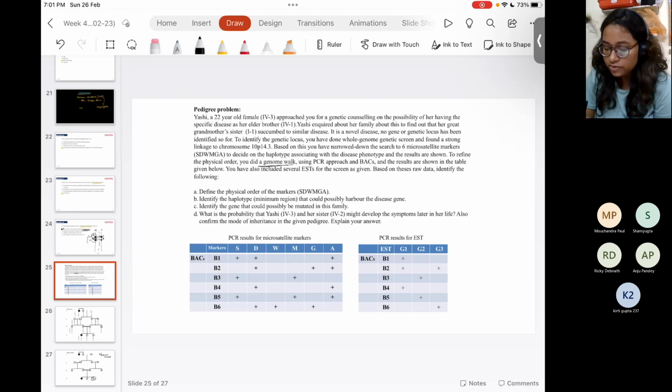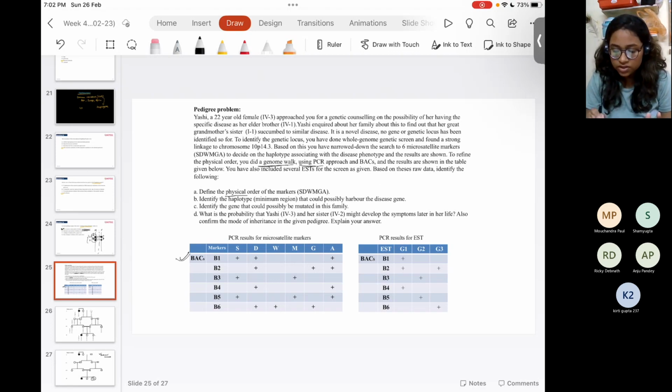You have to do genome work using a PCR approach, and you have been given these 6 genomic fragments in the form of bacterial artificial chromosomes, and within these fragments you found the markers S, D, W, M, G, A. Using this table you have to identify the physical order, or the correct sequence, of these markers within the gene of interest.